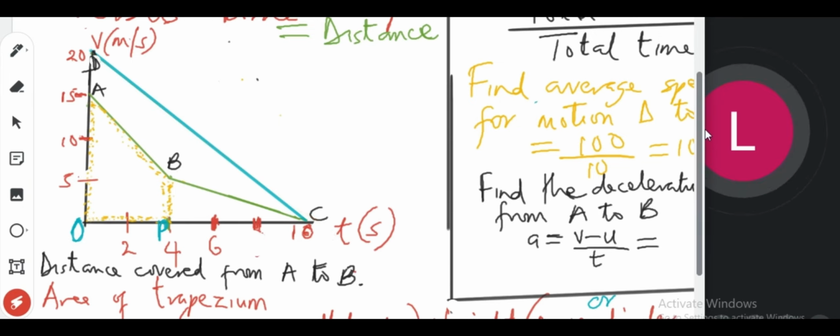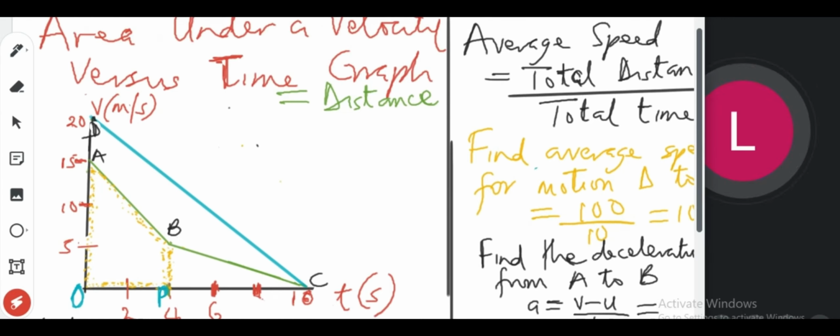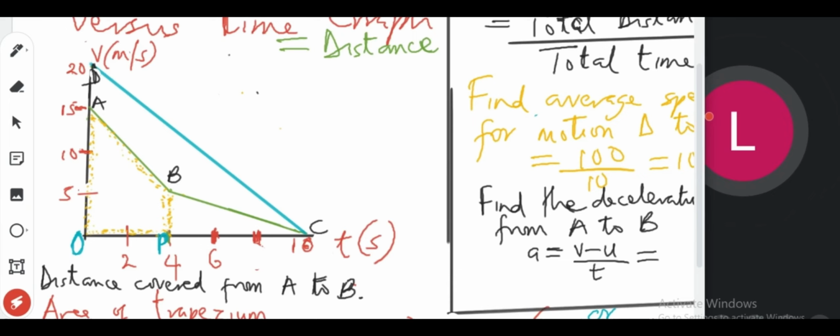Okay, assuming we're asked to find the distance covered. Remember, the distance covered is the area under the graph. So for the motion shown in green, let's first of all find the distance covered from A to B. What's the shape of the area under the graph?